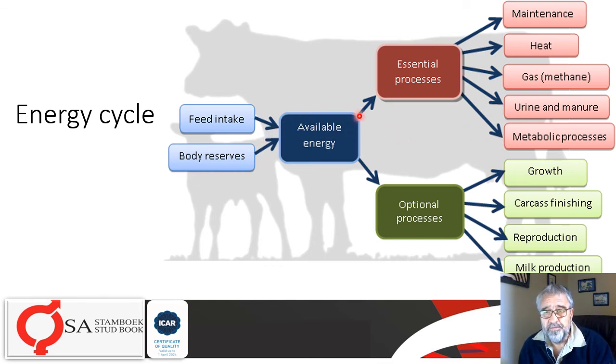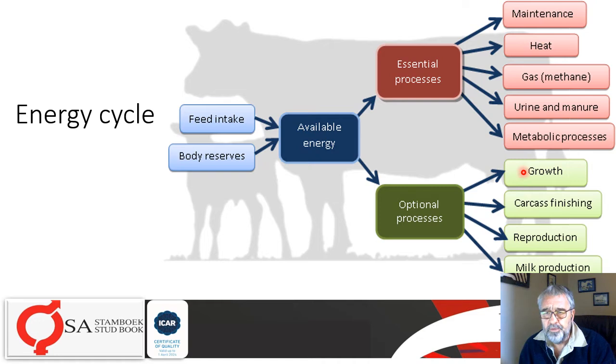So the first channel of energy will always be to the essential processes before the so-called optional processes or the production processes can lay claim on the availability of energy in terms of, let's say, our production cow, because that's our most important animal on the farm.